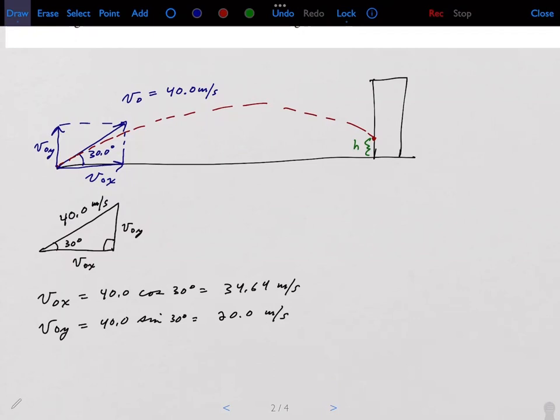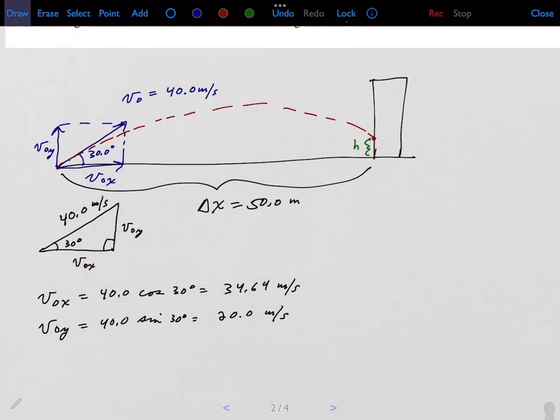What else do we know here? We know this distance from where the water leaves to the edge of the building, this is delta x, that's 50 meters. We could figure out the time now too.